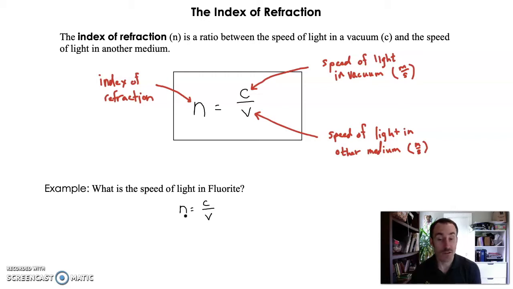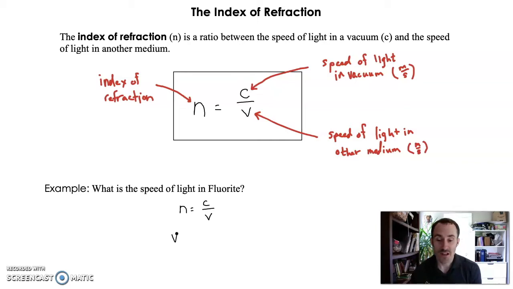So the index of refraction we know is 1.433. The speed of light in a vacuum, you can look that up on your formula sheet as well. It's 3 times 10 to the power of 8 meters per second. And what we're trying to solve for is the v. So it's c divided by v. I'm going to multiply by v to get it out of the denominator, and then I'm going to divide by n to get the v by itself.